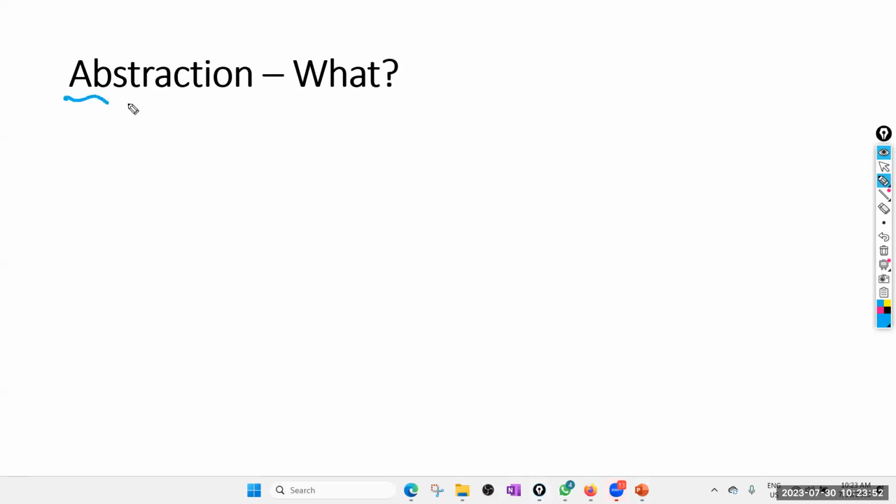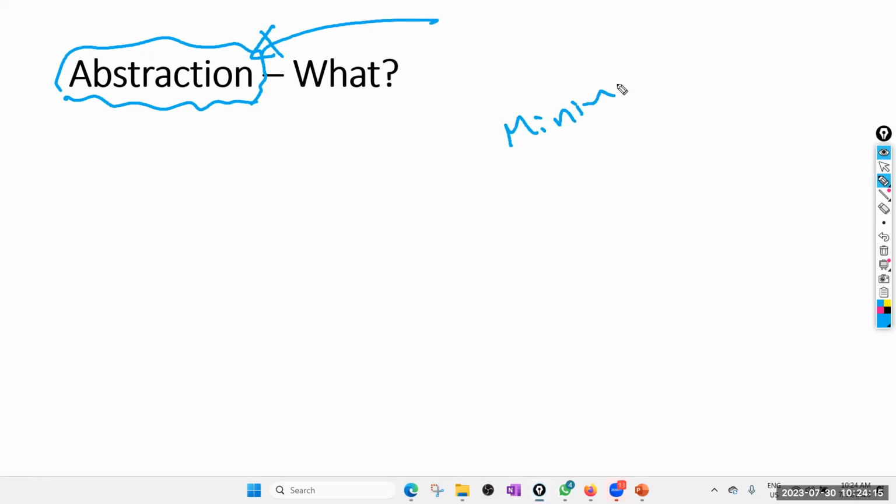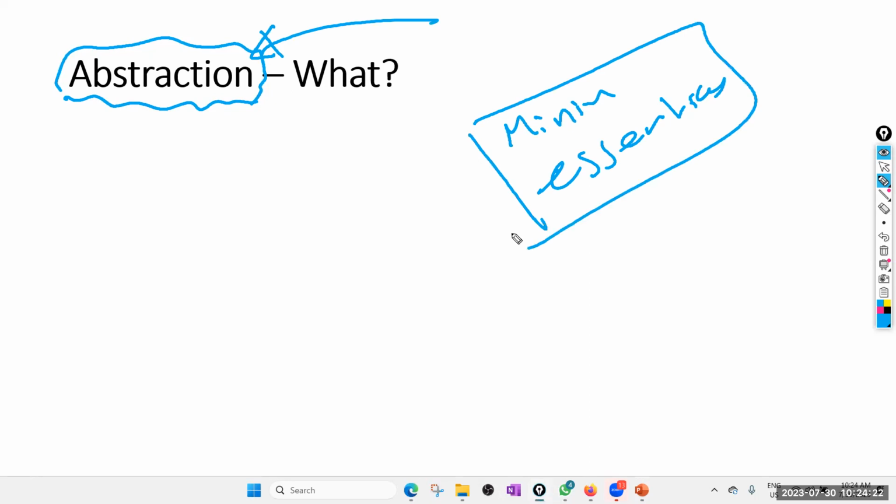What is meant by abstraction? So it's a concept. Abstraction means we model and develop the minimum essential. Right? We model and develop the minimum essential. Minimum, essential. That is the first part of the definition.